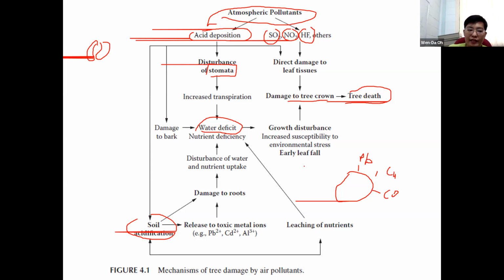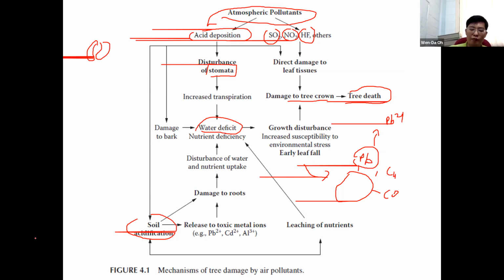But if you have acids contaminating the surrounding, this lead can actually leach out to become lead 2+. So when it leaches out, the plant will be taking up this lead into their roots. When this happens, your plants will suffer from the toxic effects of the heavy metals, right?